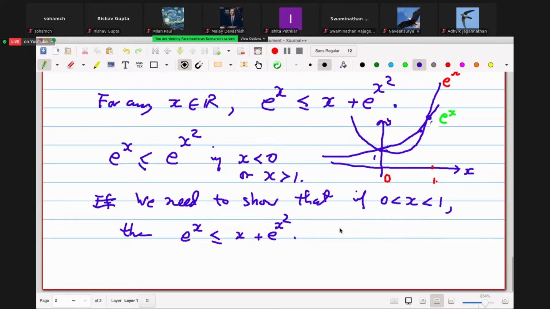So, exercise. I think you've made some mistakes, sir. What? So e to the x and x plus e to the x squared do not agree when x is equal to 1. When x equals 1, I get e. When x equals 1, x square is also 1.